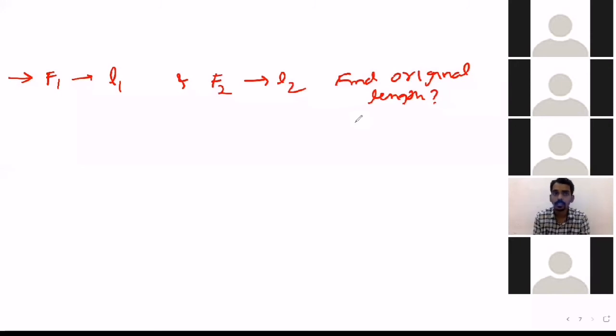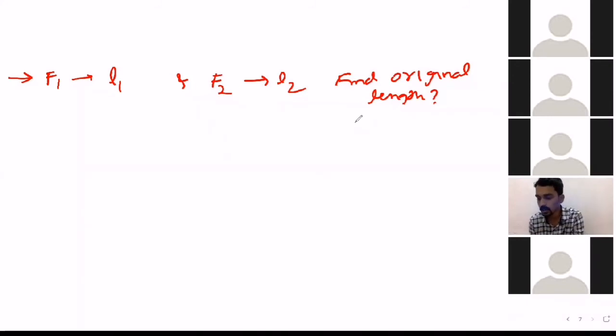So there are two situations, and in both you can find the change in length. But in both situations, we are using the same wire. So same material, same Young's modulus, same initial length. But what is the difference? Change in length is different. Why? Because the force applied is different.